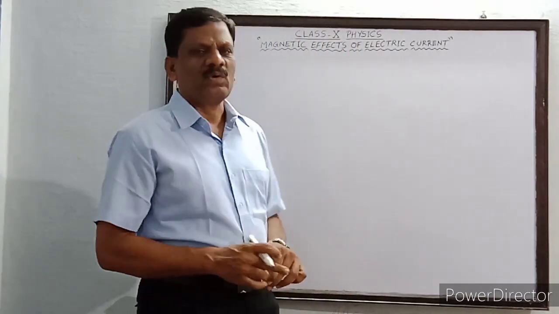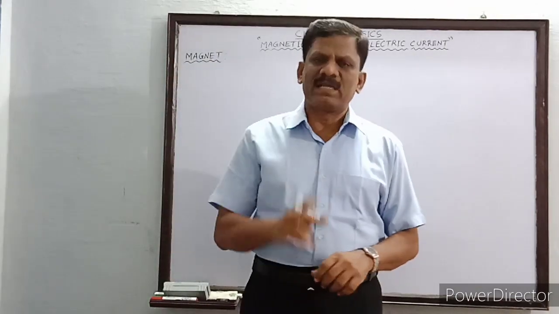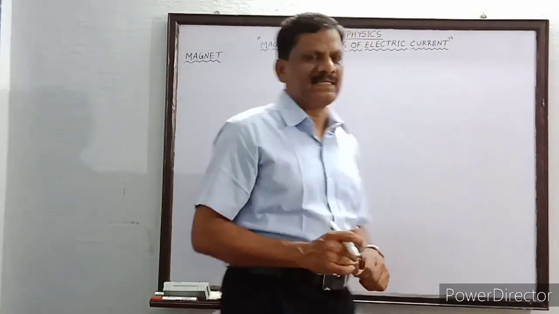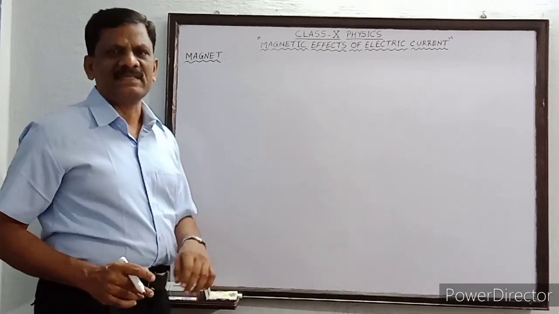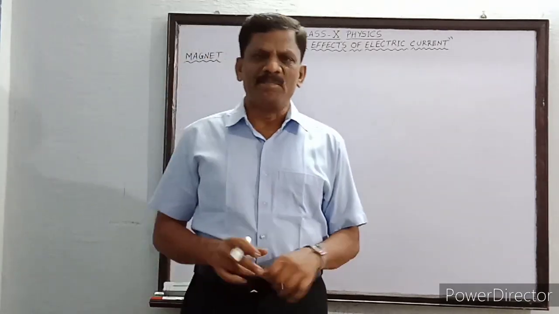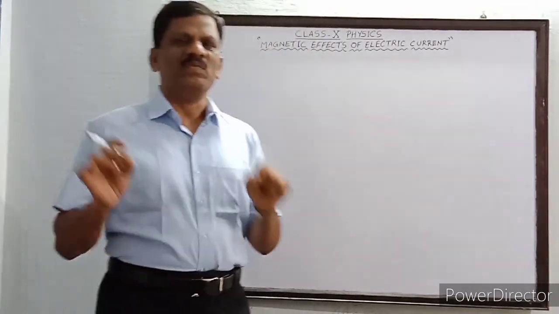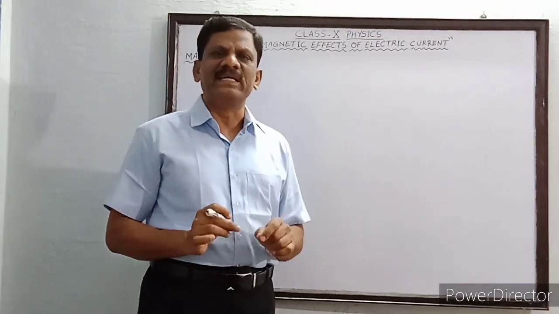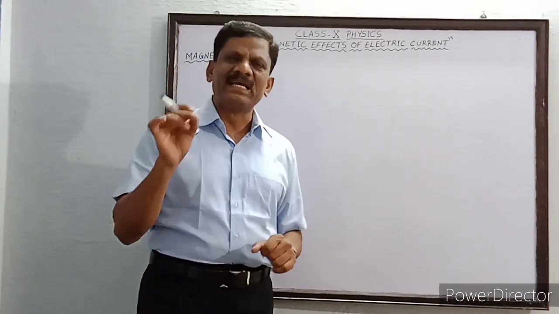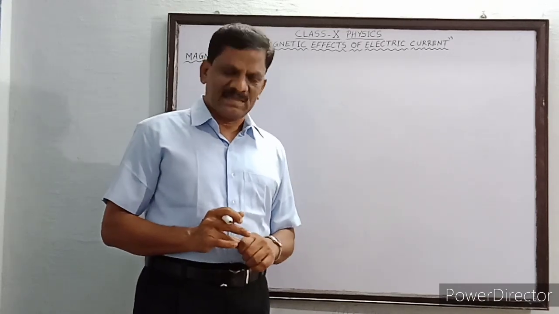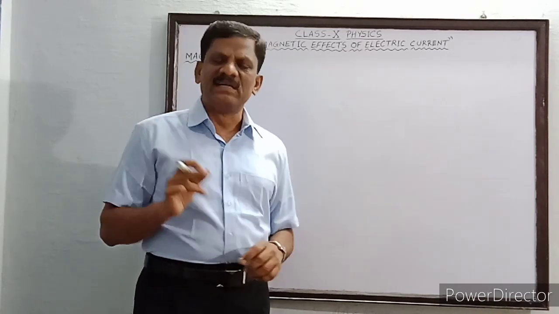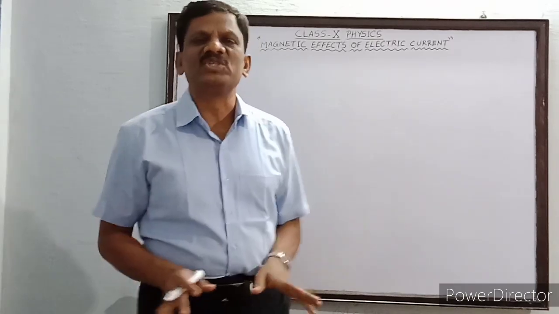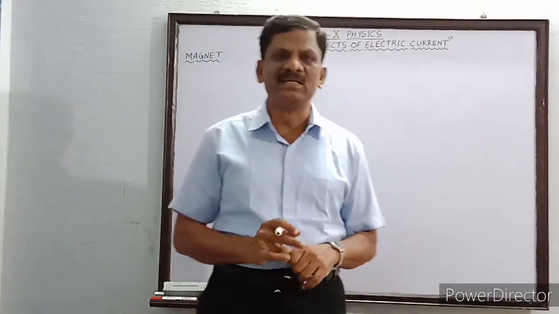Okay, so we have come to know there are two properties of magnets. So what is a magnet? Roughly we can say that a magnet is a substance which attracts iron or some other materials like iron. Second, a magnet is also a substance which, when suspended freely, always shows the directions north and south.